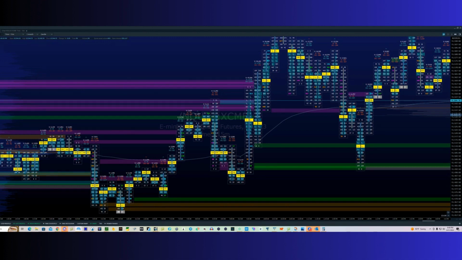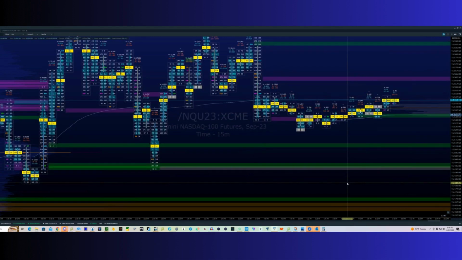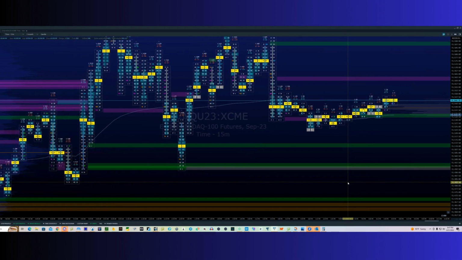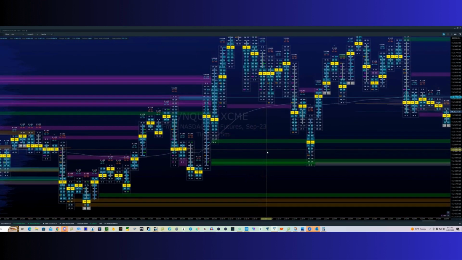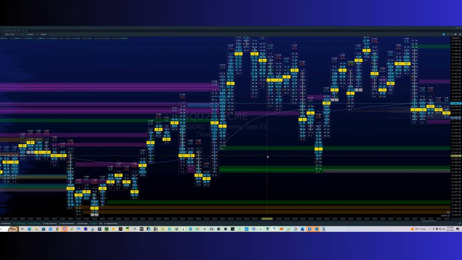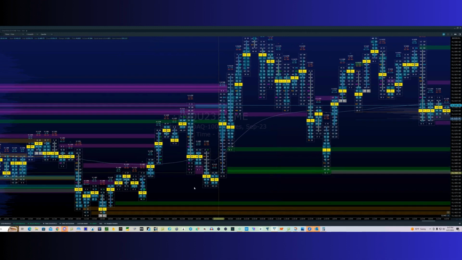I think this is just a feature or a tool that you can add to what you're already doing that will help you also identify the bigger picture and what's going on, right? Because a lot of times when we get so focused on looking at 1-minute charts or 5-minute charts, sometimes you can forget what direction we're headed or what the trend is, right? Because even today, for example, right?